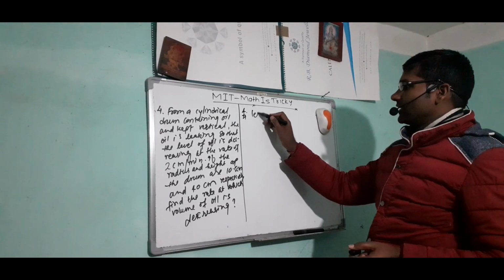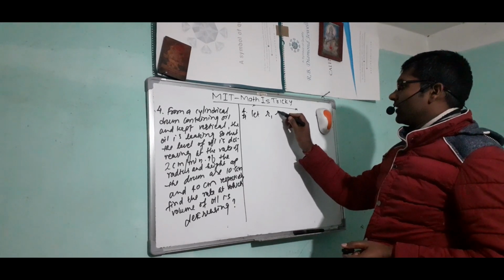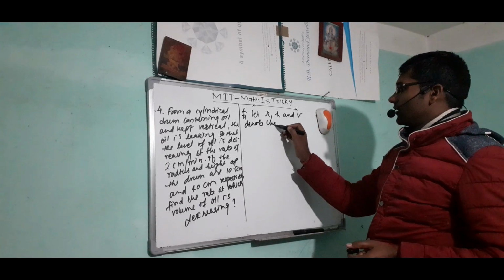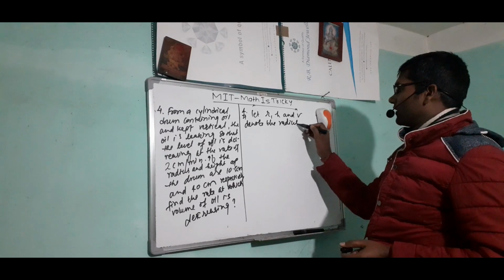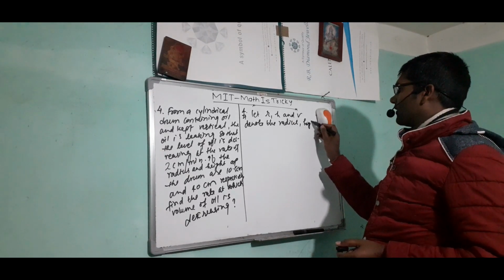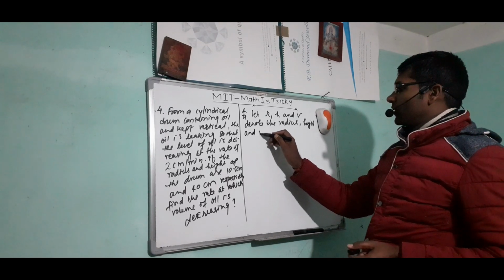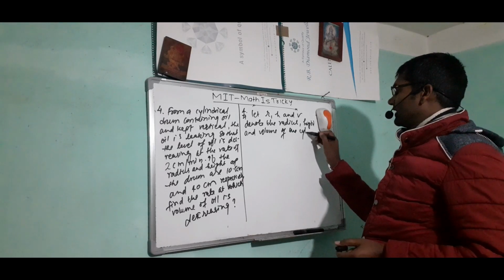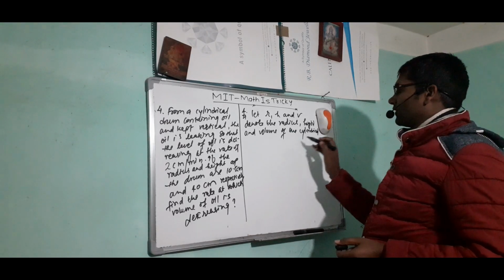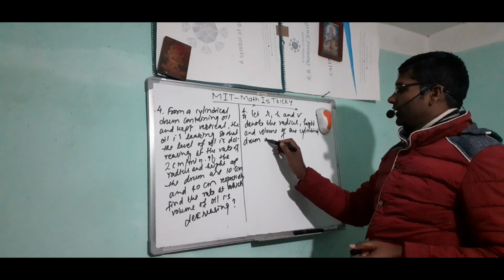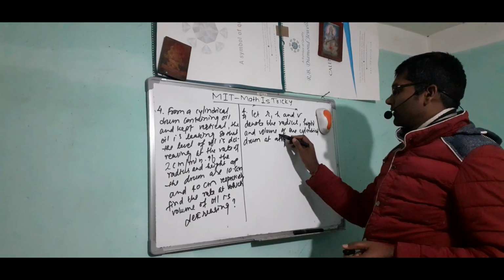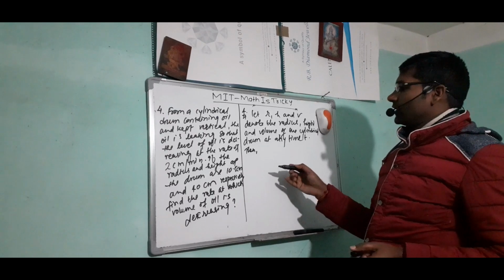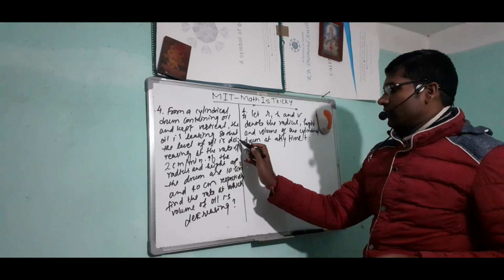Let's solve this. Let r, h and v denote the radius, height and volume of the cylindrical drum at any time t. Then we can write here, it is given that it is decreasing.